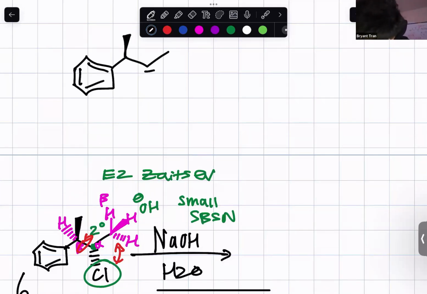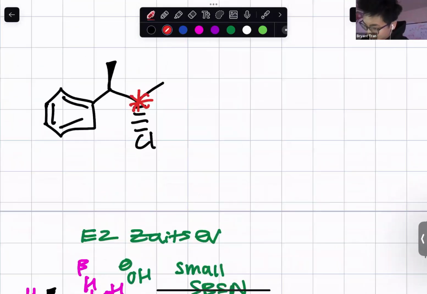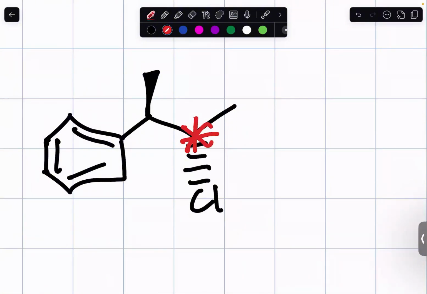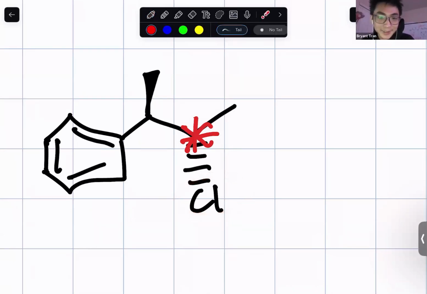Yeah, we want to assign R and S for this chiral center right here, in red. When it's wedged or when it's dashed? When it's dashed. When this chlorine leaving group is dashed right now. Oh, okay. Sorry, I'm writing it out.